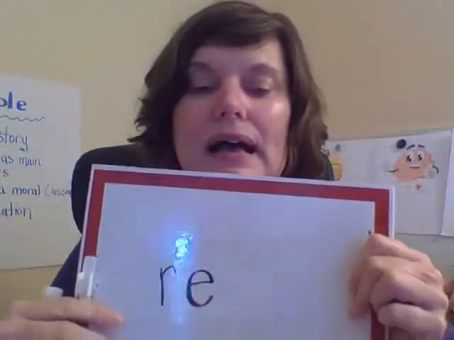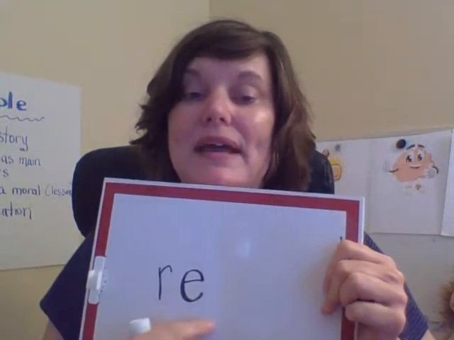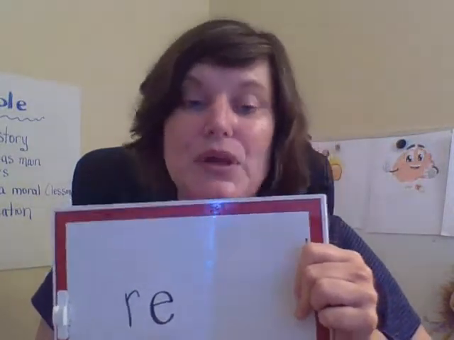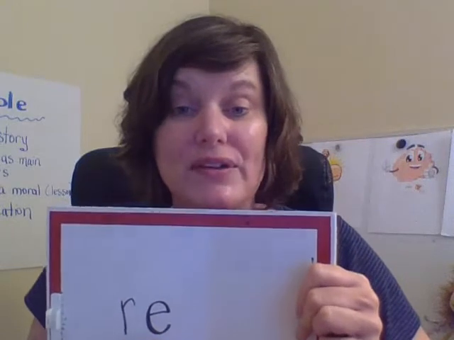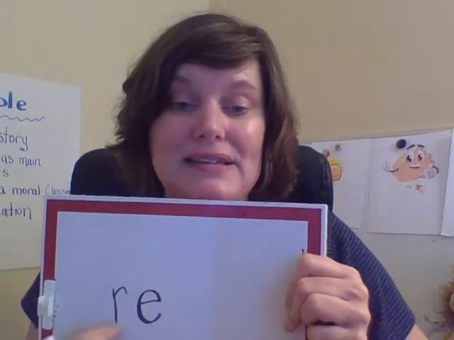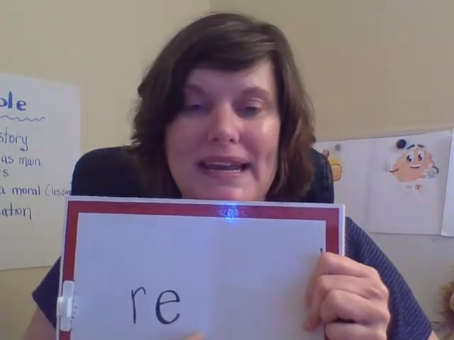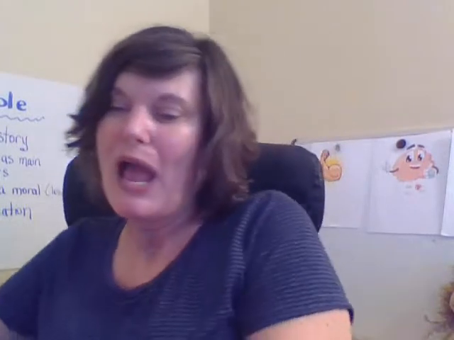I'm going to take a letter away, and now we have an open syllable. So this is going to be a long vowel sound. So it's going to say E. So this will say re, like recharge. I hope you rest and recharge while you are home, and do some learning as well.